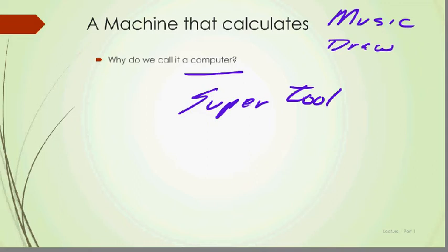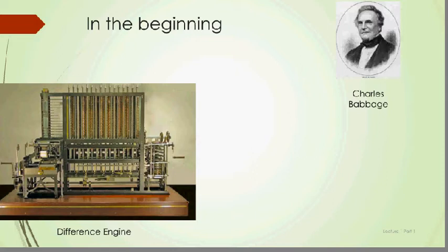Who came up with this idea that a machine could do the kind of things that these machines do today? Well, the first guy that came up with it was a gentleman named Charles Babbage in the middle of the 19th century. Mr. Babbage was a mathematician, and that period of time in our history was referred to as the Industrial Revolution. There was a tremendous amount of industry taking place, new inventions all the time.